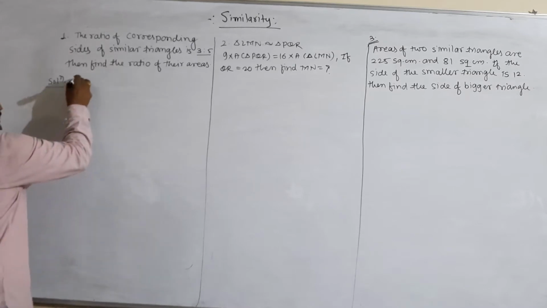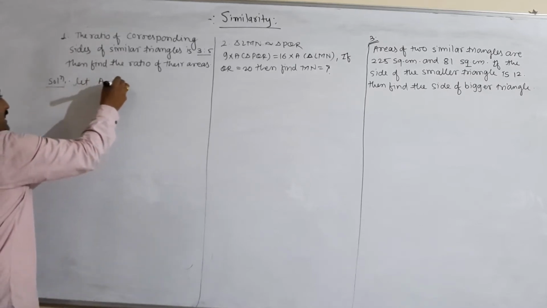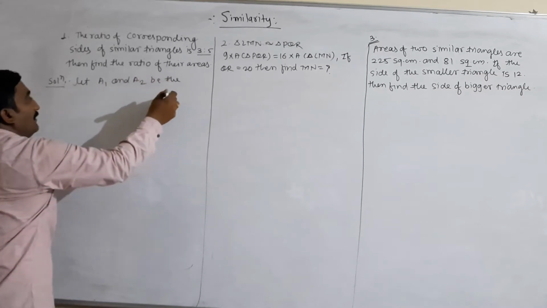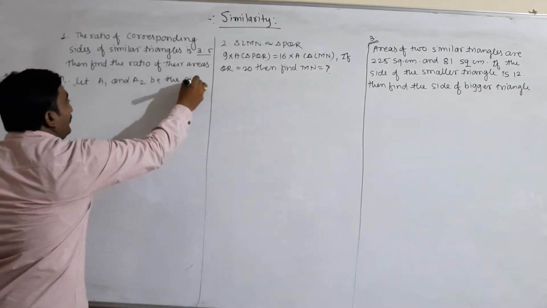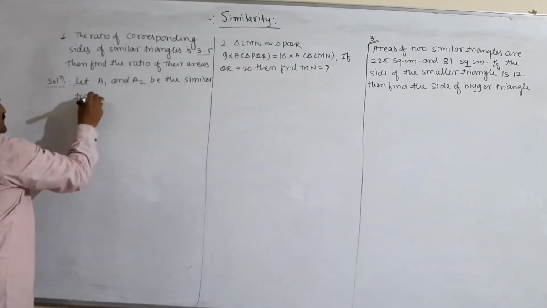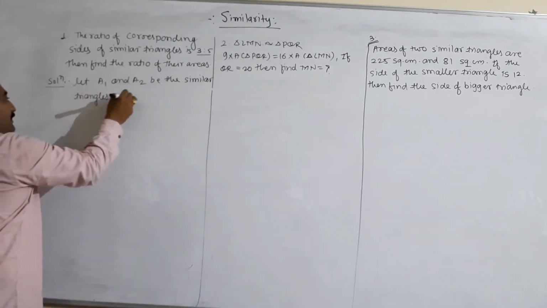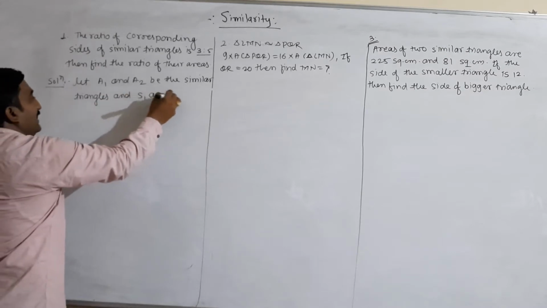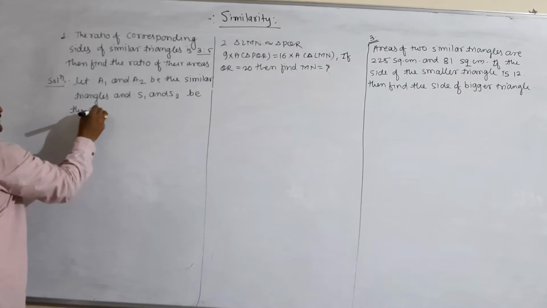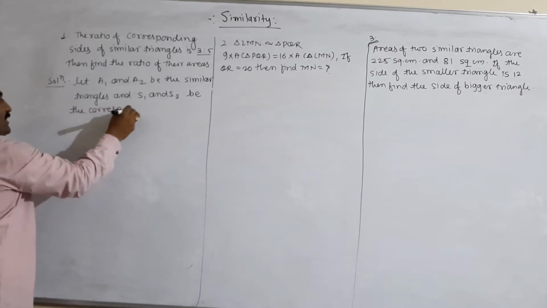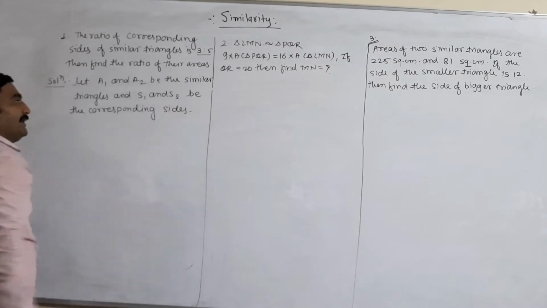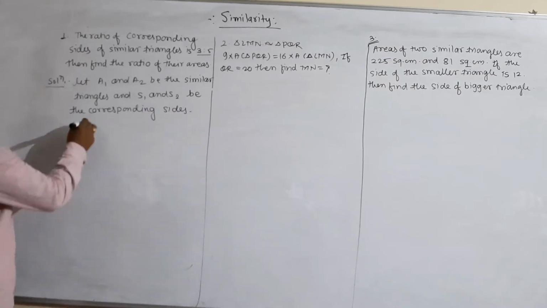So let's consider here. Let A1 and A2 be the similar triangles, and S1 and S2 be the corresponding sides. काय कन्सिडर केलं तर A1 A2 हे सिमिलर आहेत.